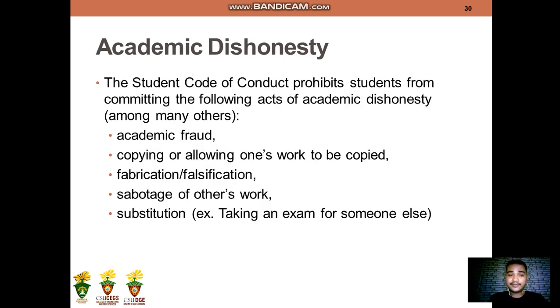These are the types of academic dishonesty from the Student Code of Conduct. First is academic fraud, copying or allowing one's work to be copied, fabrication or falsification, sabotage, and lastly, substitution, for example, taking an exam for someone else.